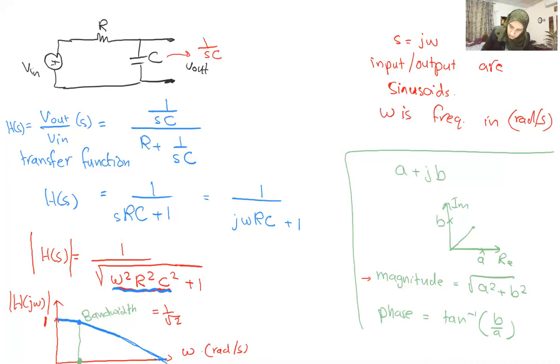Let's see in the next slide, there's no space to write here. So when 1 over the square root of R squared C squared omega squared plus 1 equals 1 over square root of 2, let's try to find this value out.